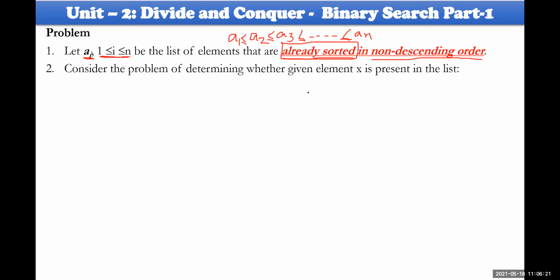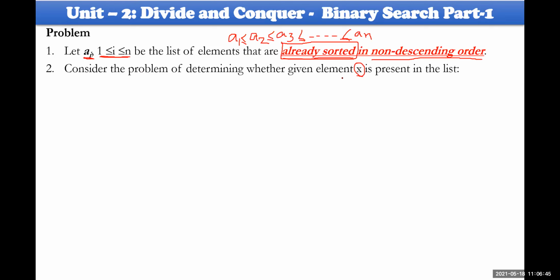Then the second point: consider the problem of determining whether an element, whatever the user wants to search, which we call X, is present within that particular list or not. That is the second step we have to take into consideration.